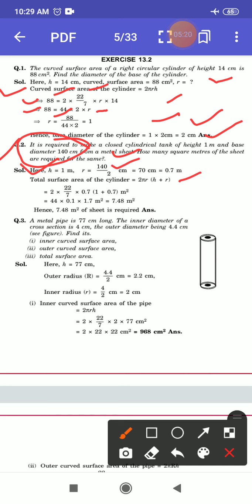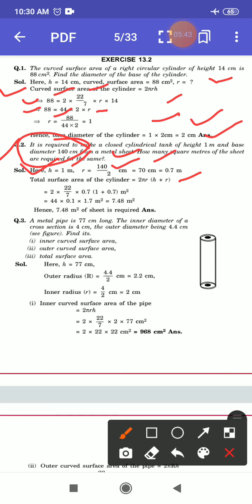So the radius is 7 centimeter, and you have to convert this centimeter into meter because the height is given in meter. In the previous video I told you that if the units are not the same, you have to convert them into the same unit. So you have to convert the centimeter into meter.